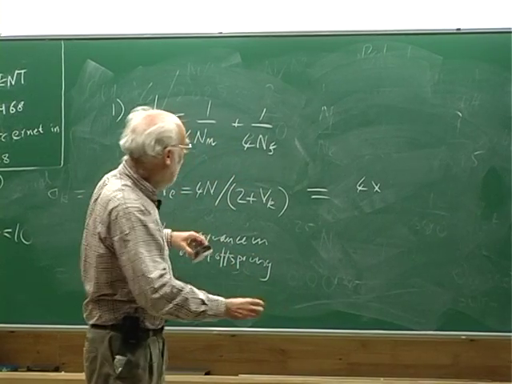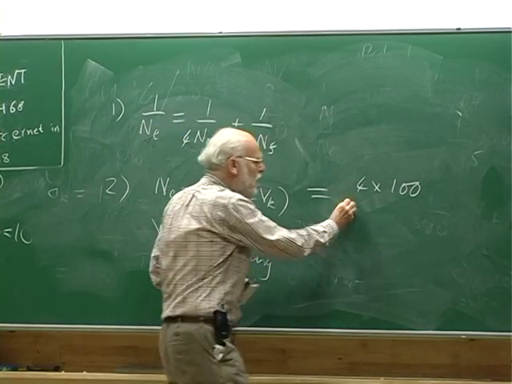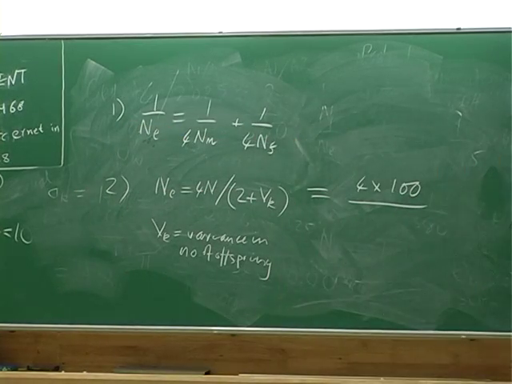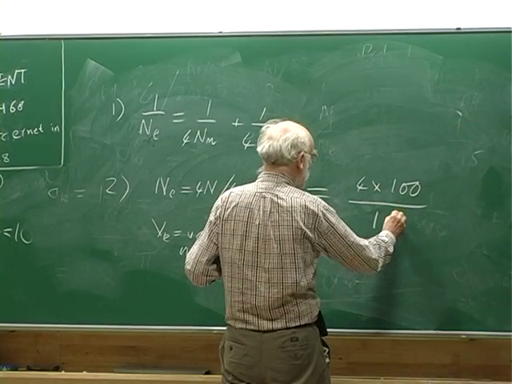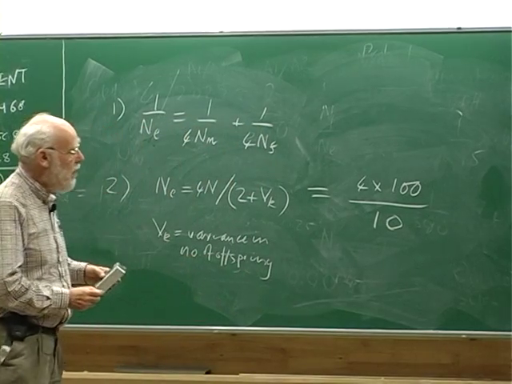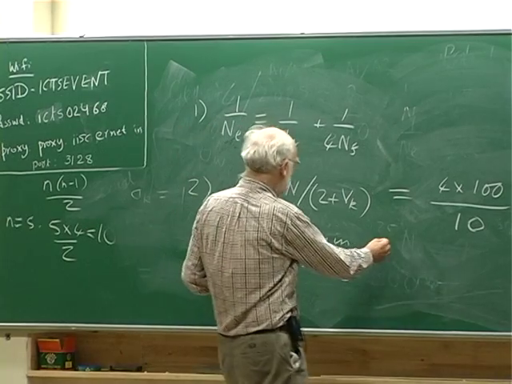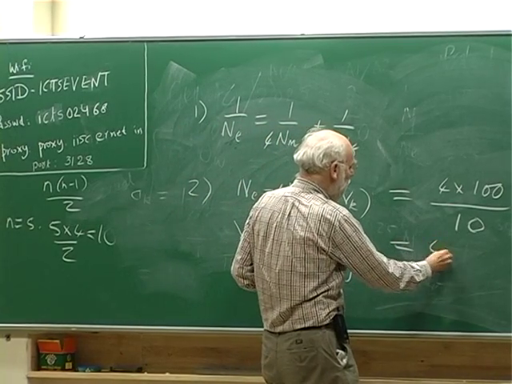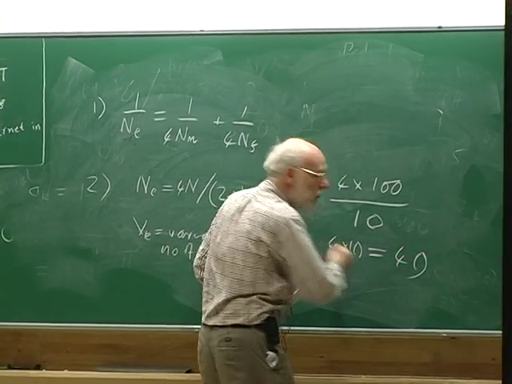I've forgotten now. 100. Okay, N is 100. What do we divide by? 10. Right. VK plus 2 equals 10. So that gives us 4 times 10 equals 40. Everybody got that?